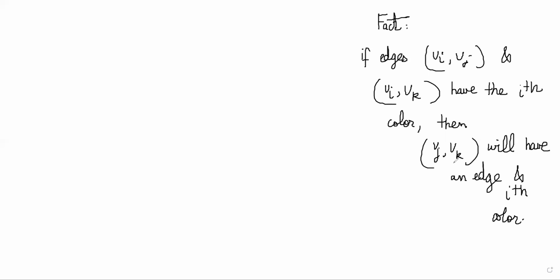That is a very straightforward thing to say actually, because suppose there is an edge Vi, Vj and it is colored with I.